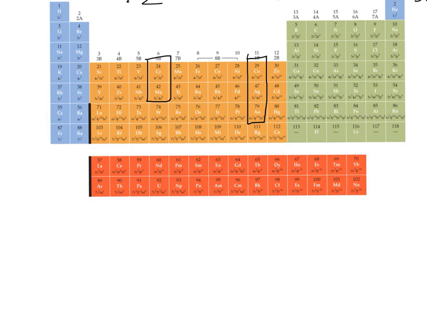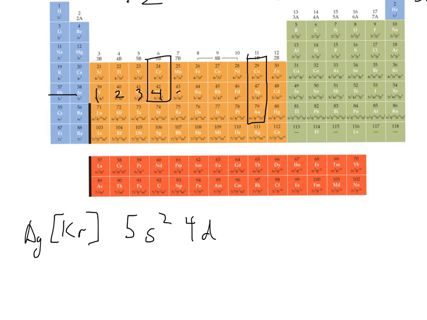Let's just work with silver for a second. Silver, the preceding noble gas, is krypton. We have 5s2, and then we enter the 4d. 1, 2, 3, 4, 5, 6, 7, 8, 9.